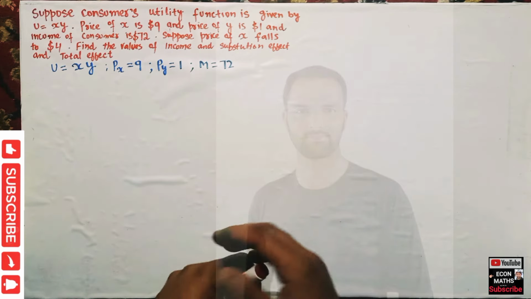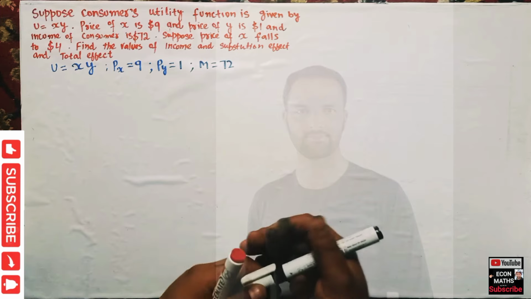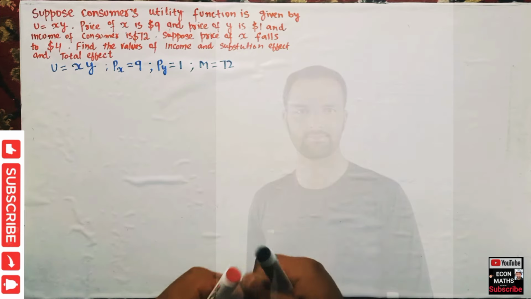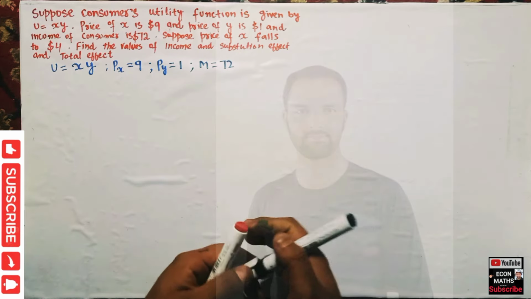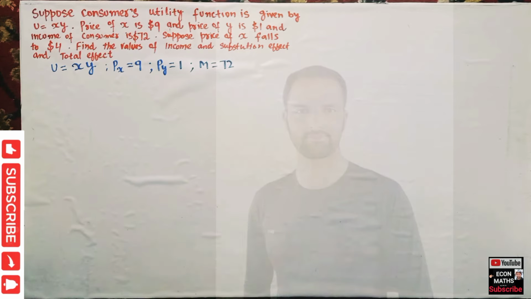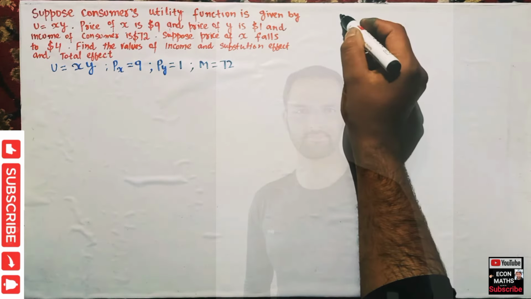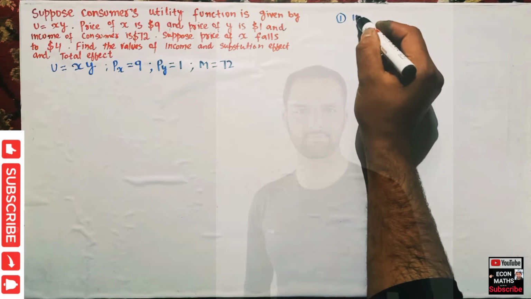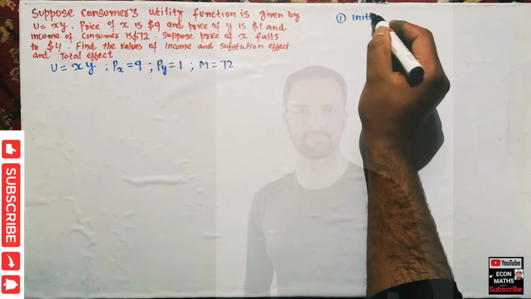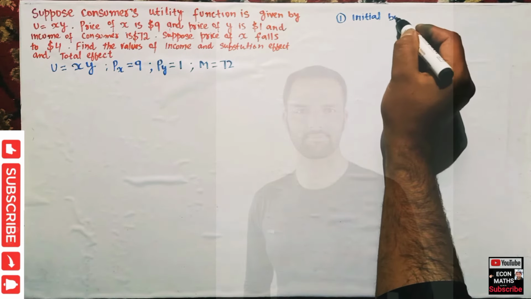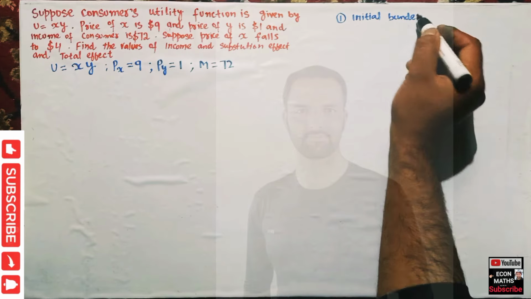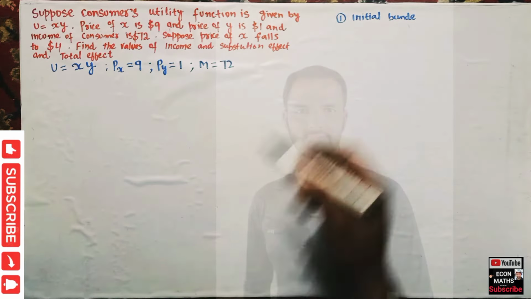Now, to find the income effect and substitution effect, we need to find three things, rather three bundles. First we need to find the initial optimal bundle.